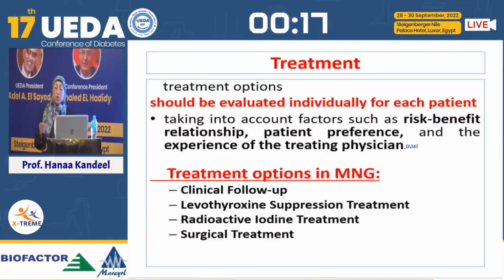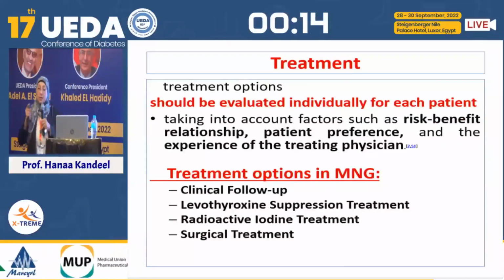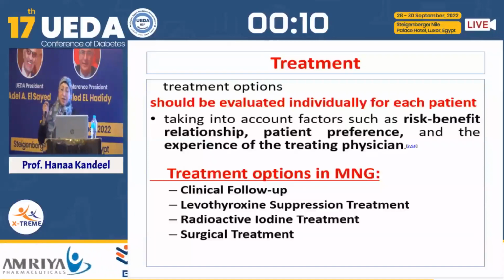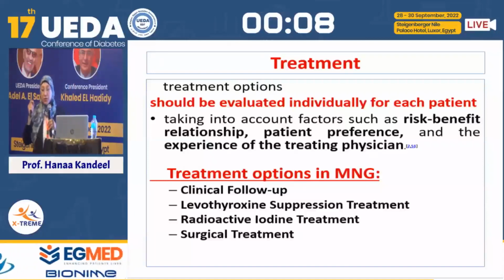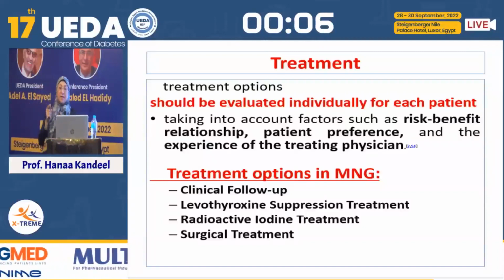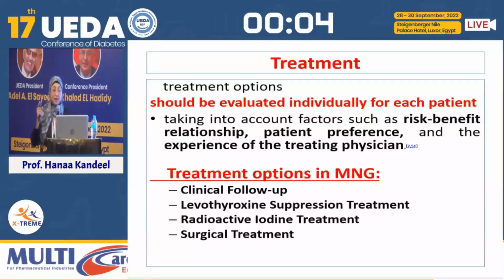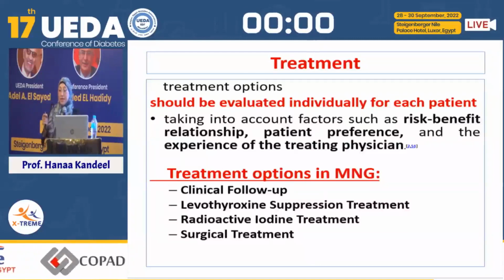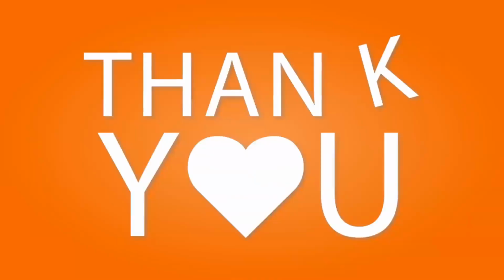We can give the patient with a normal thyroid profile, without changes in T3 and T4, a very small dose of L-thyroxine. Sometimes it decreases the size of the gland by about 50%. And radioactive iodine treatment is given in some cases, or surgery if there is suspicion of malignancy or compression manifestations.